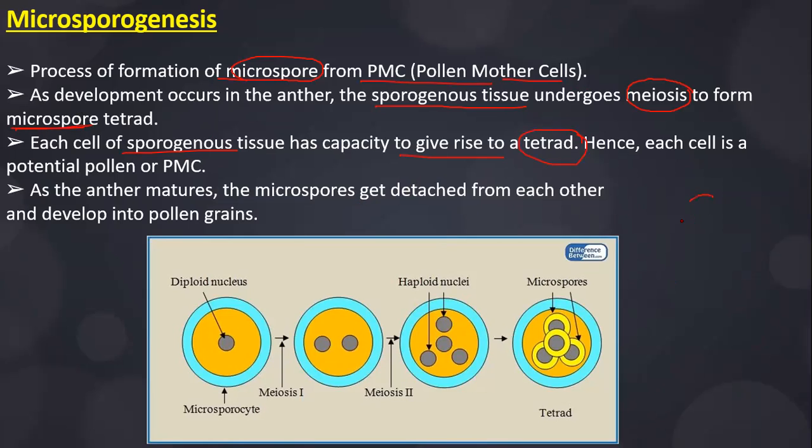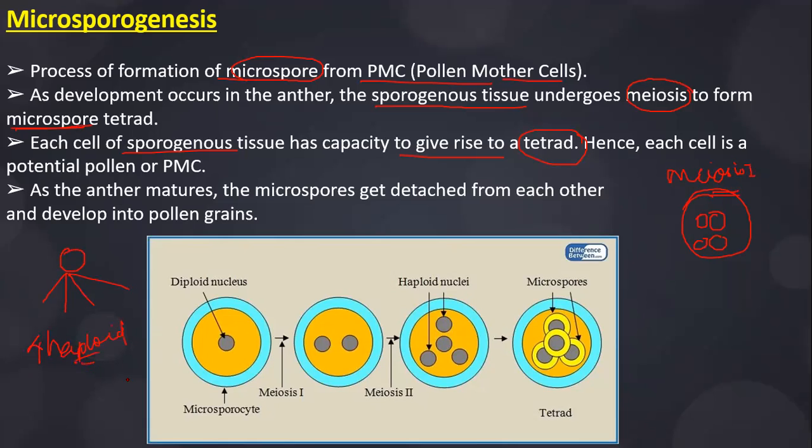One particular cell will undergo meiosis to form two, and these two will form four. Meiosis consists of meiosis 1 as well as meiosis 2, and it results in the formation of 4 haploid cells.